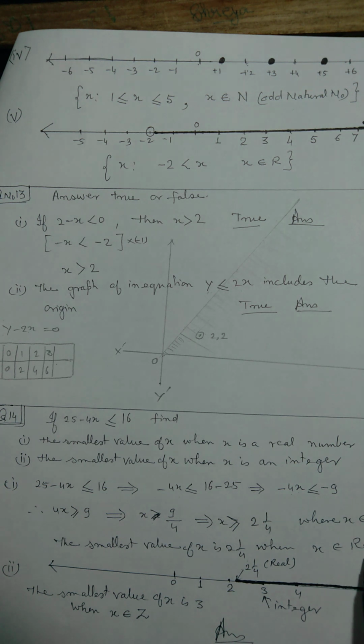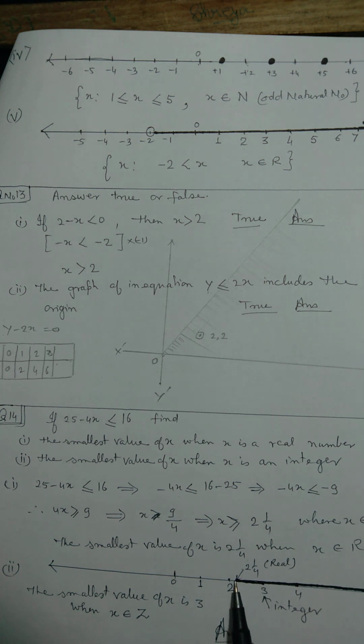You see, this point 2 and 1 by 4 lies somewhere in between 2 and 3. So that will be the real value. So in the domain of real, the answer will be 2 and 1 by 4. The smallest value of x is 3 when x is an integer, meaning the nearest integer will be 3.